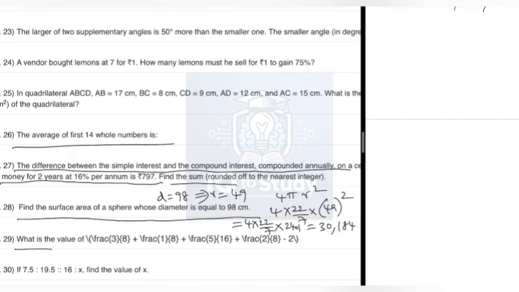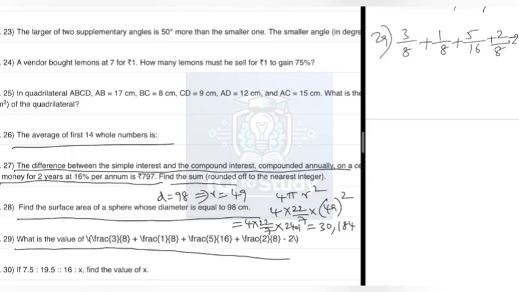What is the value of 3 by 8 plus 1 by 8 plus 5 by 16 plus 2 by 8 minus 2? Let's find this. Let's take the LCM of these denominators, which is 16.